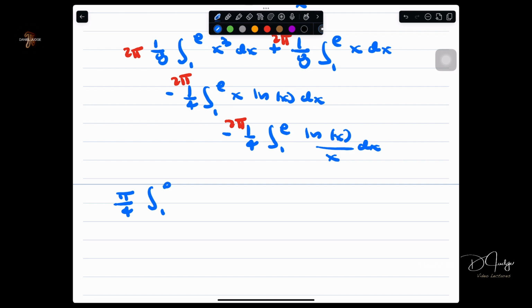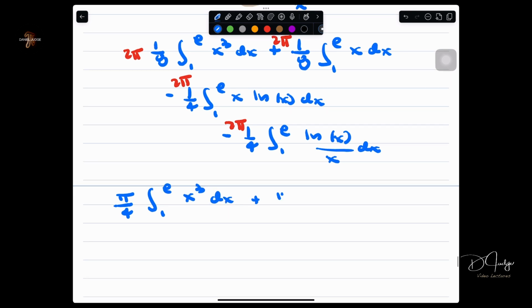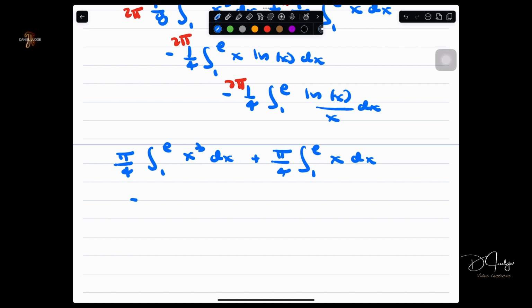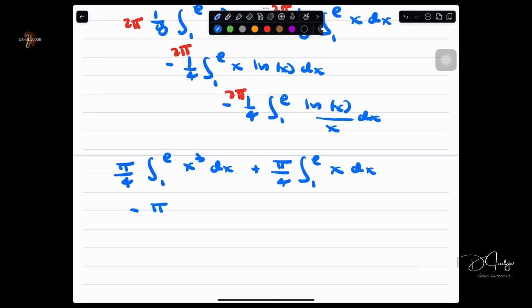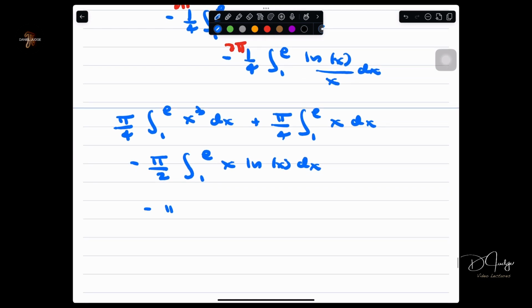We integrate from 1 to e x cubed dx plus pi over 4, 1 to e x dx minus pi over 2, 1 to e x ln x dx, and then minus pi over 2, 1 to e ln x over x dx.